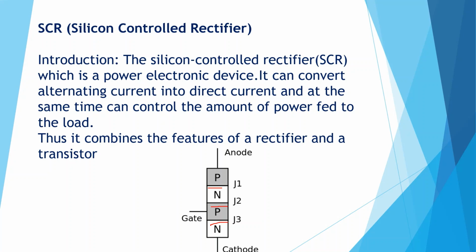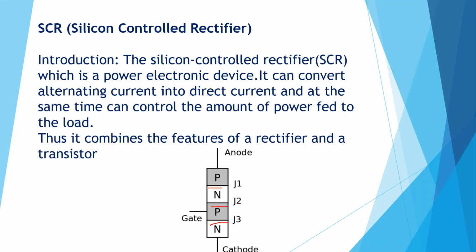So the silicon controlled rectifier is a power electronic device. It can convert alternating current into direct current, and at the same time can control the amount of power fed to the load. Of the AC input power that comes in, how much is to be delivered to the output load is also specified by it. It rectifies as well. What is a rectifier? If you remember, a rectifier is a circuit which converts AC into DC.